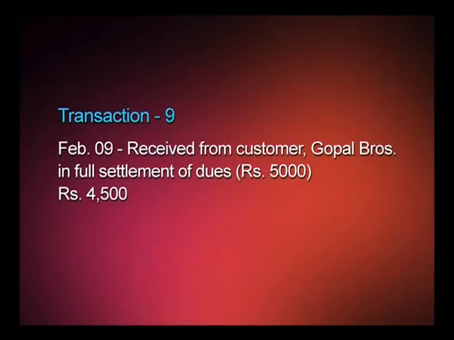Continuing with our next transaction, it says February 9, received from customer Gopal Brothers in full settlement of dues rupees 5,000, you have received 4,500 rupees. Now, this is the aspect that needs attention as you are maintaining a two column cash book.